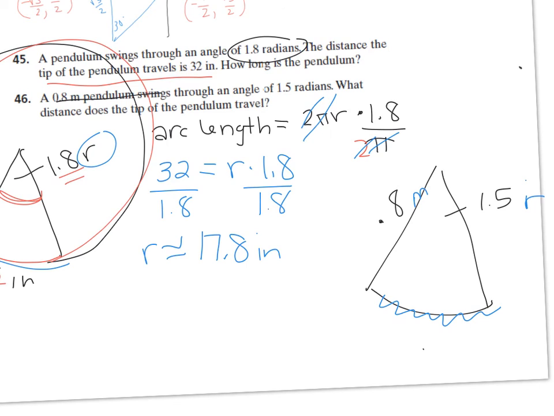So arc length is equal to 2 pi times the radius, which is 0.8, because that's the length of the pendulum, times 1.5 radians divided by 2 pi, because that represents the fractional part. So you can put that all on your calculator, and it's about 1.2 meters, rounded.